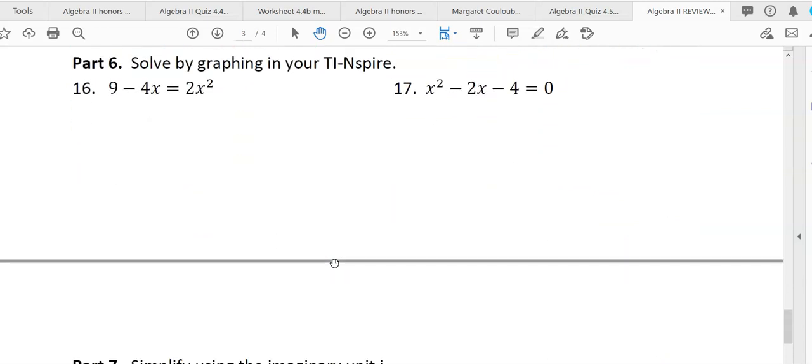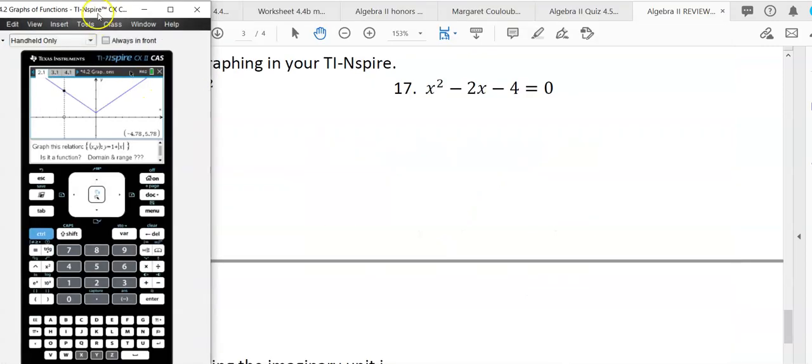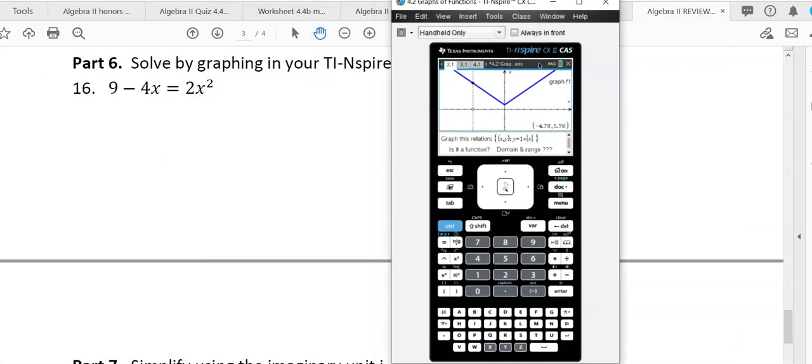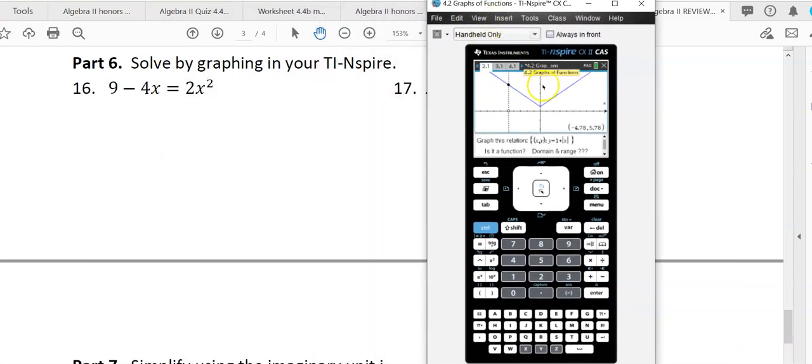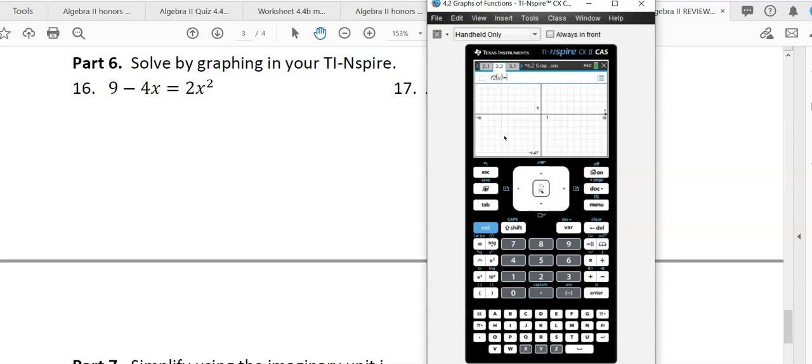Solve by graphing on the Inspire. Okay, so let's get this so you can see it. Let's graph. Hit the home key, go to graph. Let's subtract 9 and add 4x to both sides.